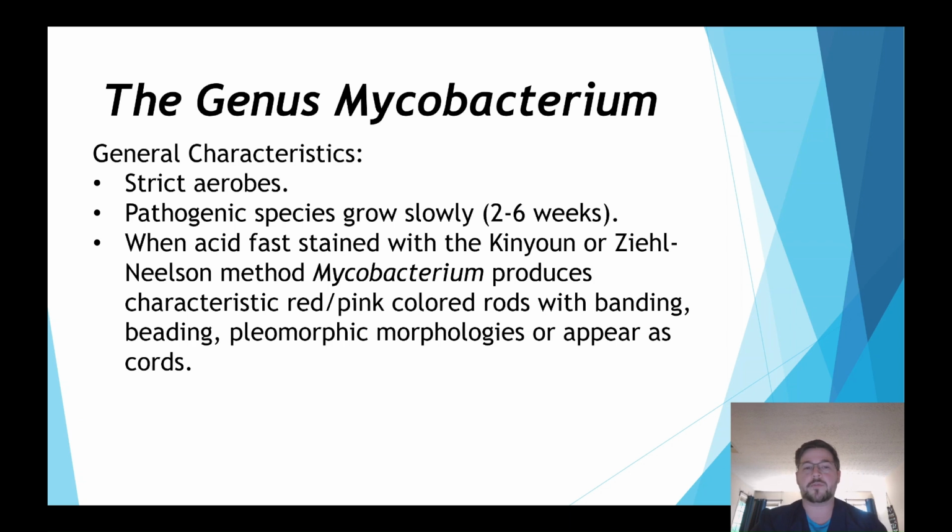An example of that would be Mycobacterium fortuitum, which can sometimes cause skin and wound infections. When acid-fast stained with the Kinyoun or Ziehl-Neelsen method, Mycobacterium produces characteristic red-pink colored rods with banding, beading, or pleomorphic morphologies.